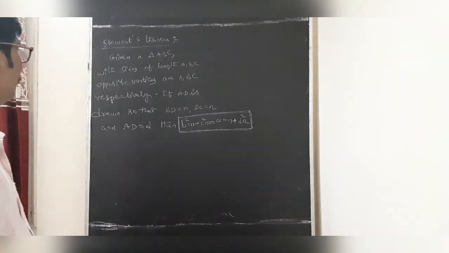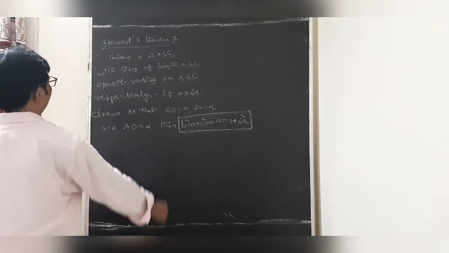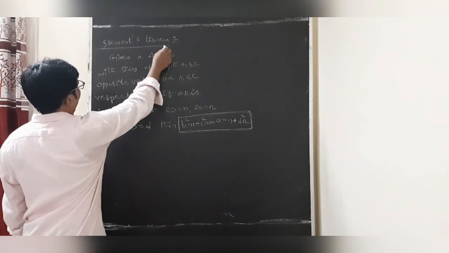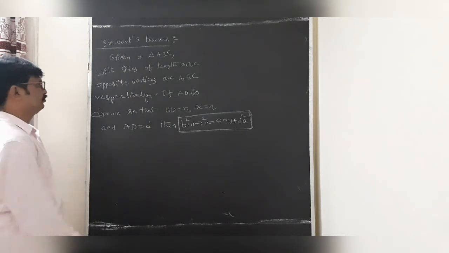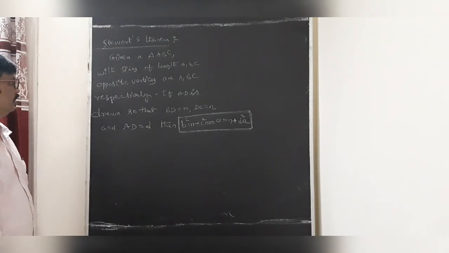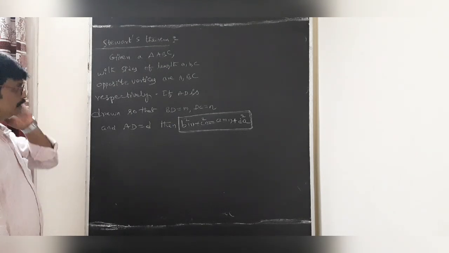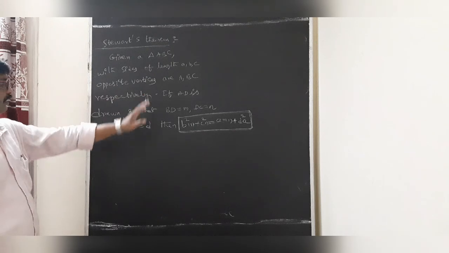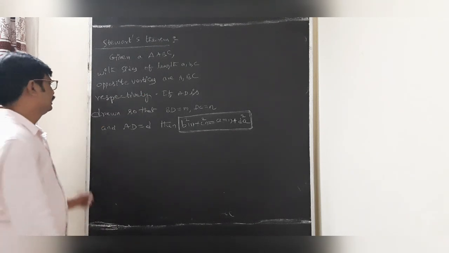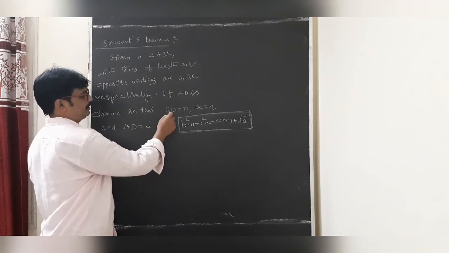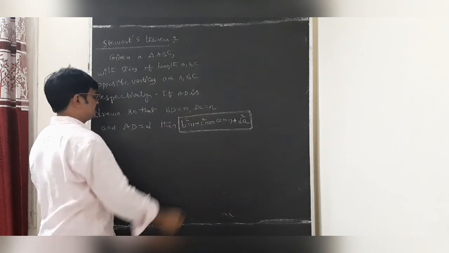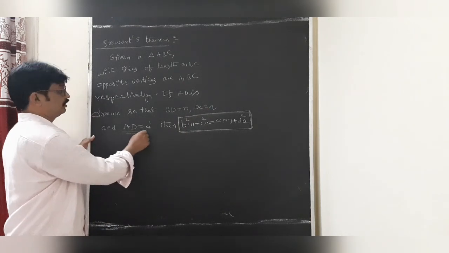So, dear students, now Stewart's theorem. Given a triangle ABC with sides of length a, b, c opposite vertices A, B, C respectively, AD is drawn so that BD equals m and DC is n, and AD is given as d.